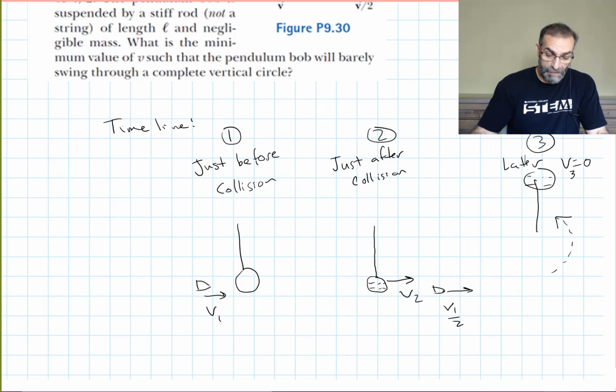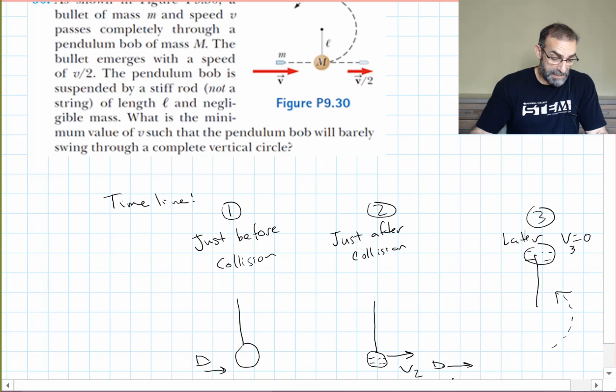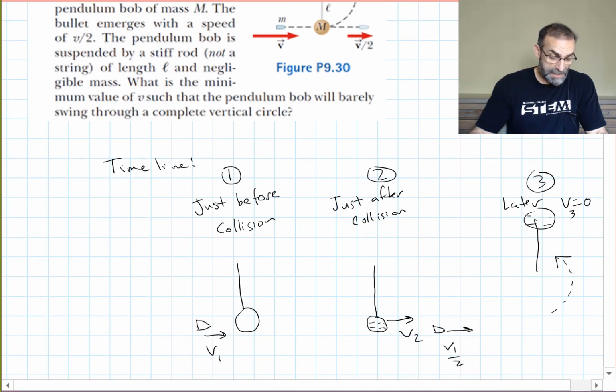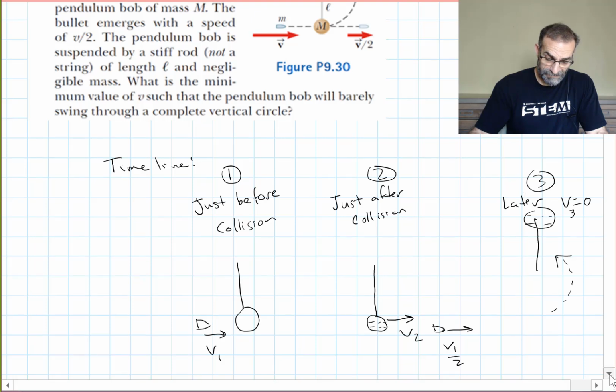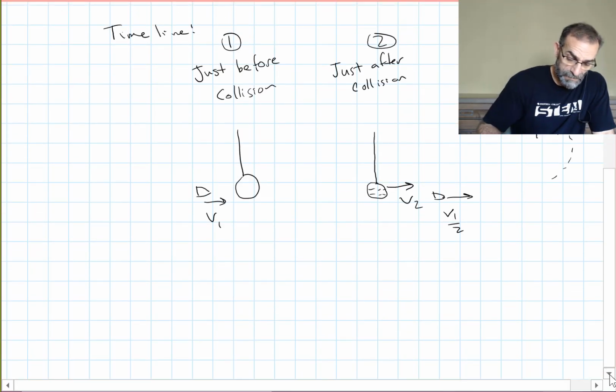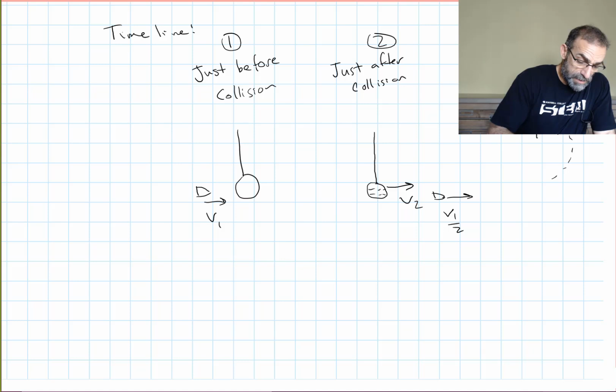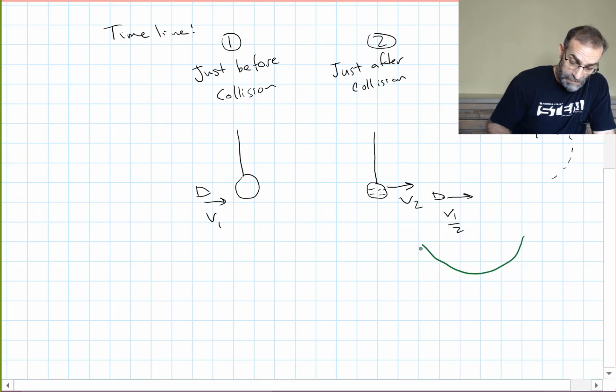Now we'll work backwards. We're going to find the incoming speed of the bullet such that this pendulum bob just barely makes it over the top. So we're going to go from 3 to 2 using energy.